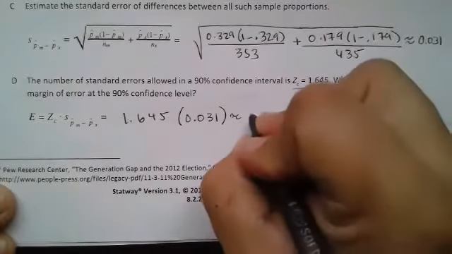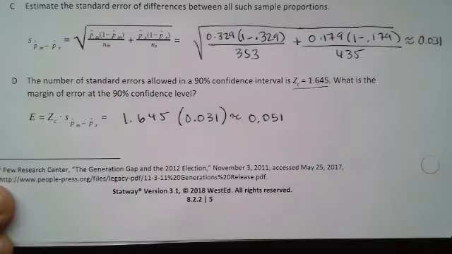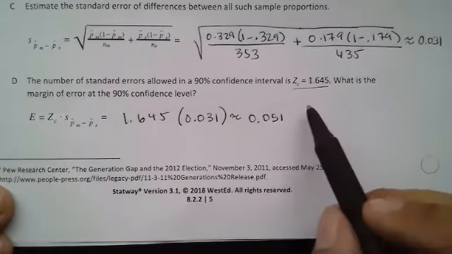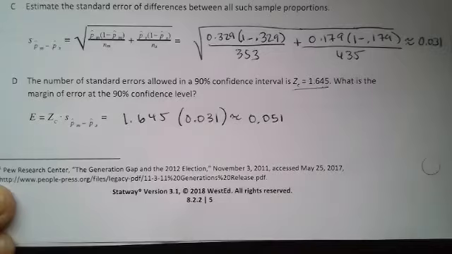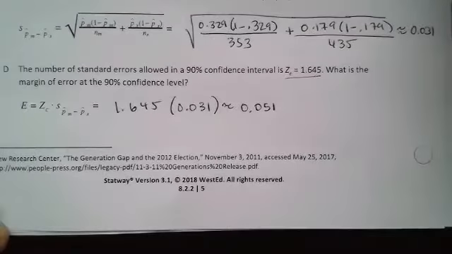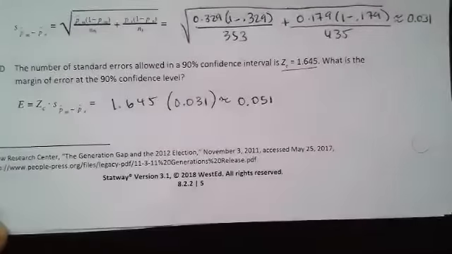I have here 0.051. Oh, okay. What did you guys get? Like, what's the number after this? Okay. All right. You guys got that? Yeah. Can we move? Okay.